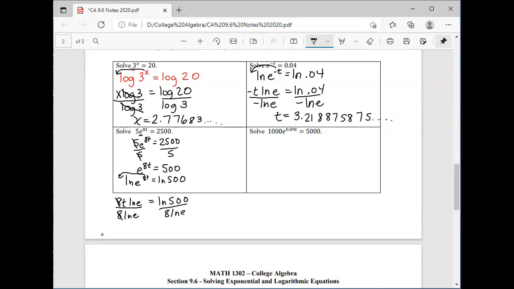Because the 8s will cancel, the natural logs will cancel. So I'm just left with T is equal to the natural log of 500 divided by 8 times 1, but you can still type it in that way. So the natural log of 500 divided by 8 times 1 is 0.776826. It just keeps going.